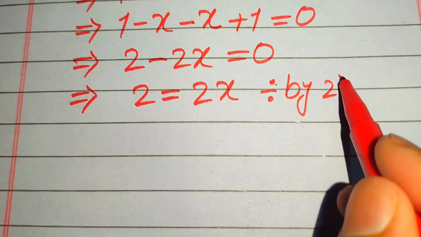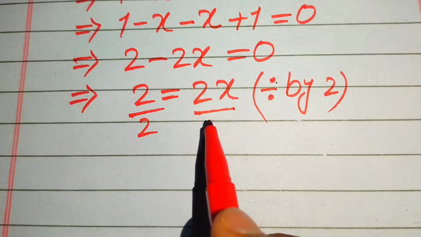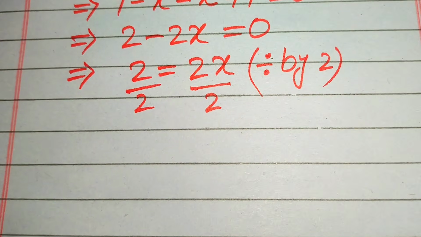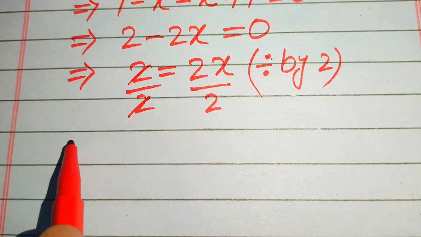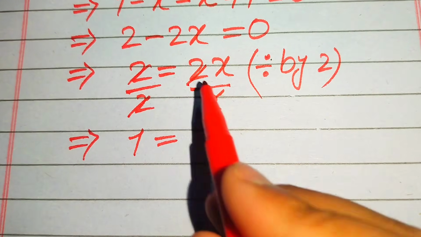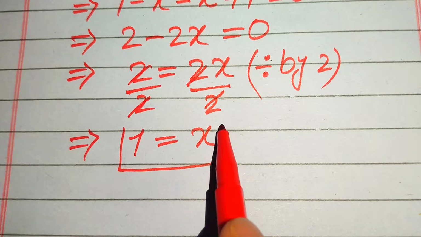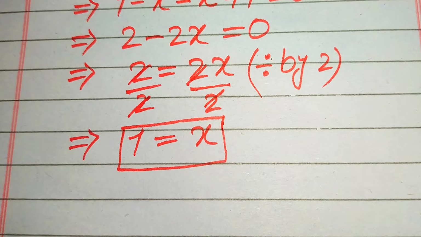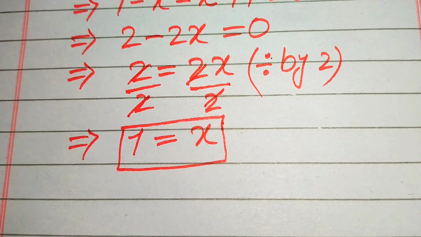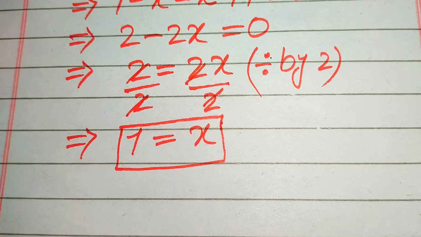This 2 and this 2 are gone, and we get 1 is equal to, this 2 and this 2 are also gone, x. So here you see that we easily get the value of x is equal to 1. This is the only one root which we get from the first method.